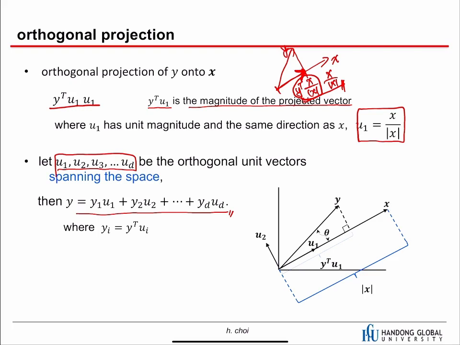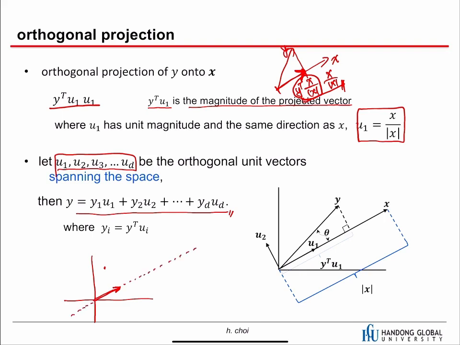So let me give you one example. So this one is a two-dimensional space, and this one is one unit vector. Okay, so one unit vector is not enough to span the space. What about this point? So this vector cannot represent this point. Okay, this vector can represent all the points on this line.